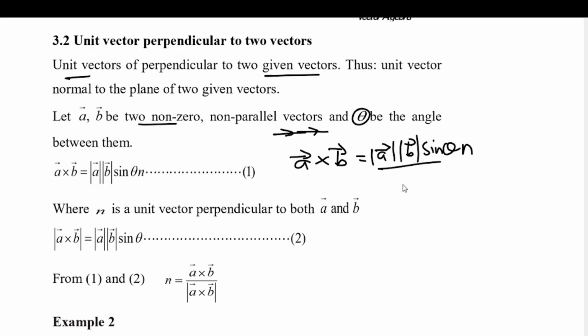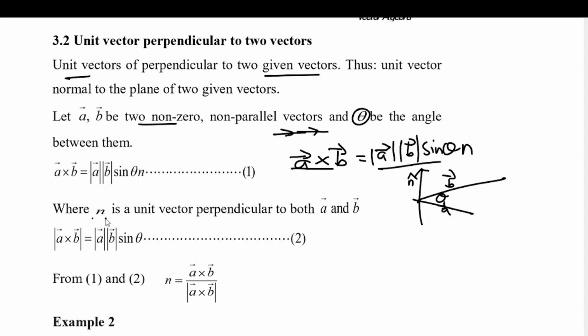Now we will prove why it is so, times the perpendicular unit vector, as we illustrated in our first situation, where we say this one being A and here to be B, and there is an angle between them, and n is a unit vector perpendicular to the two vectors.